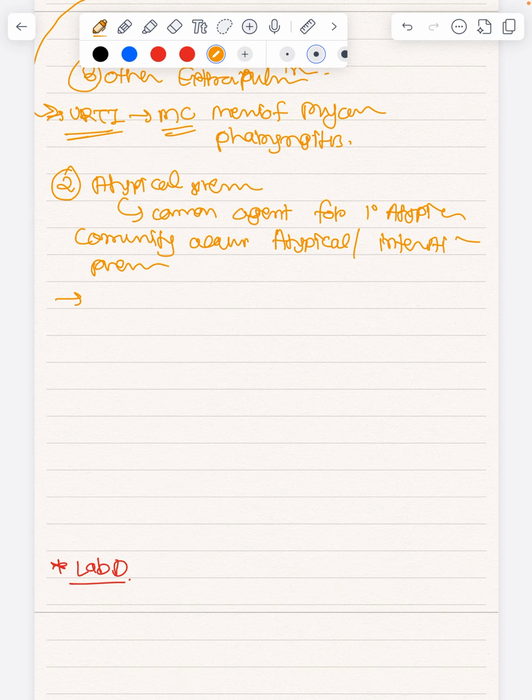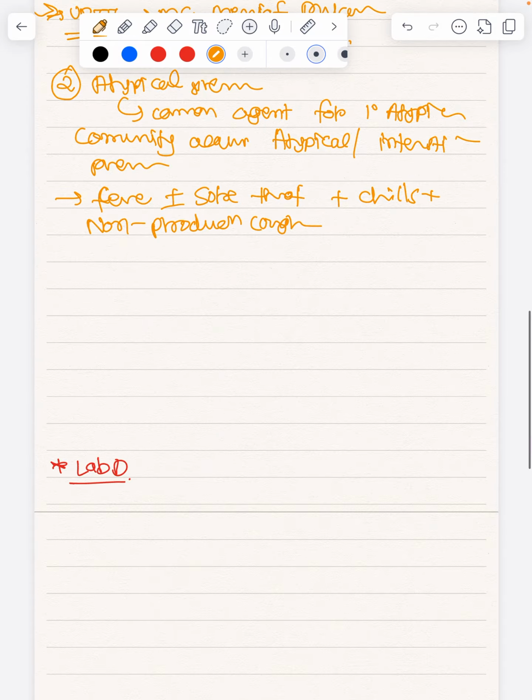So what will happen to the patient? The patient comes with fever plus or minus sore throat, plus chills, rigors, etc. Plus there will be a non-productive cough in the atypical pneumonia. On chest X-ray, we definitely have interstitial infiltrates.